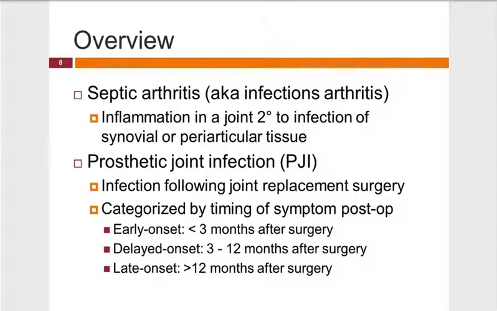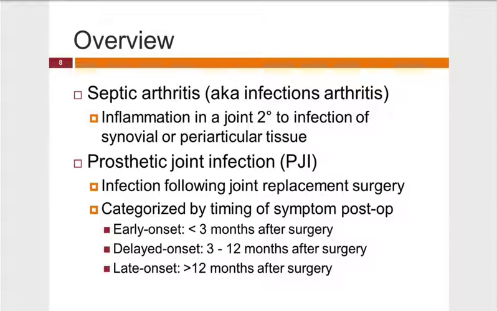Okay. Now, when we're talking about septic arthritis, right, this is basically inflammation in a joint secondary to infection of the synovial fluid or periarticular tissue. Even though I'm not going to talk about prosthetic joint infections for the most part, I do want to talk a little bit about this definition. So prosthetic joint infection, you've had joint surgery, and there's a nice lecture on this at the recent Infectious Diseases Society of America ID Week meeting, really talking about that not all joints are the same.